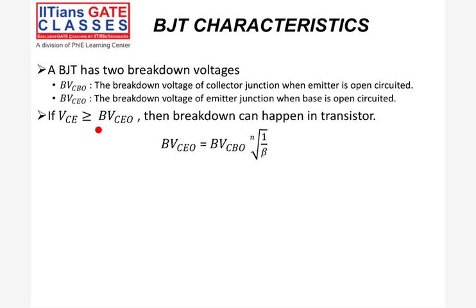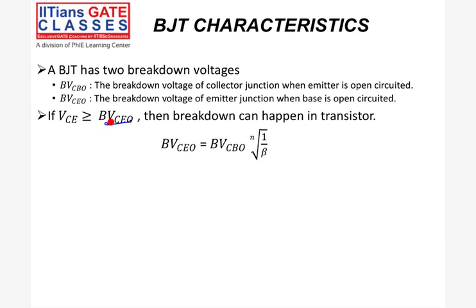Now what is the relation between all these values? If VCE is greater than or equal to the breakdown voltage VCEO, breakdown can happen in the transistor. It can happen when it crosses this value.